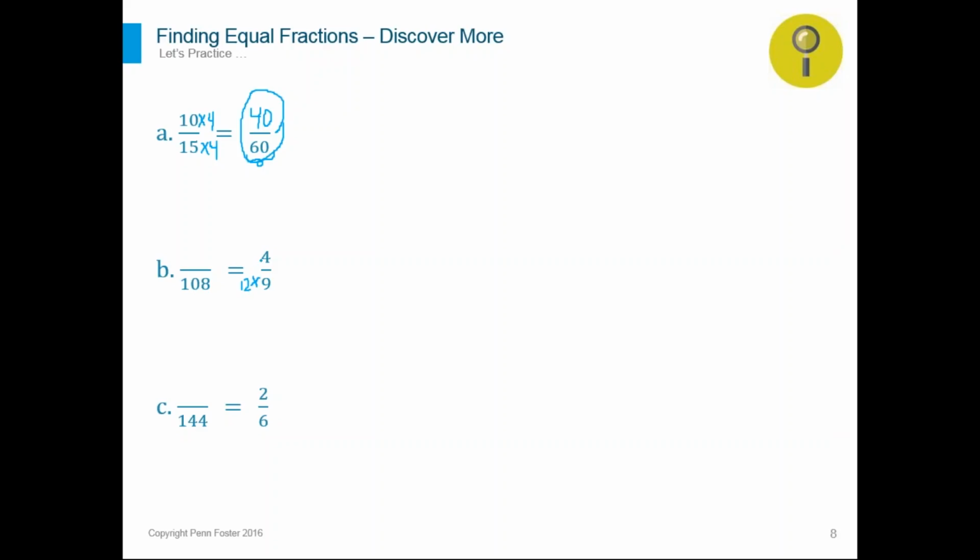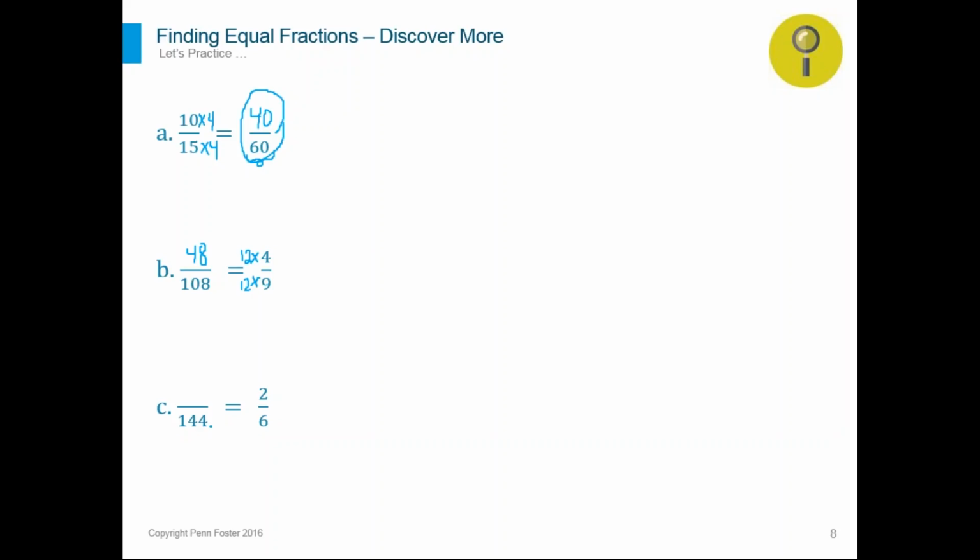Or if you're not sure, divide. 108 divided by 9 should give you 12. So 12 is your factor. Since I multiplied 9 times 12, I need to multiply 4 times 12 as well. 4 times 12 will give you 48. So 48 over 108 is an equal fraction to 4/9.